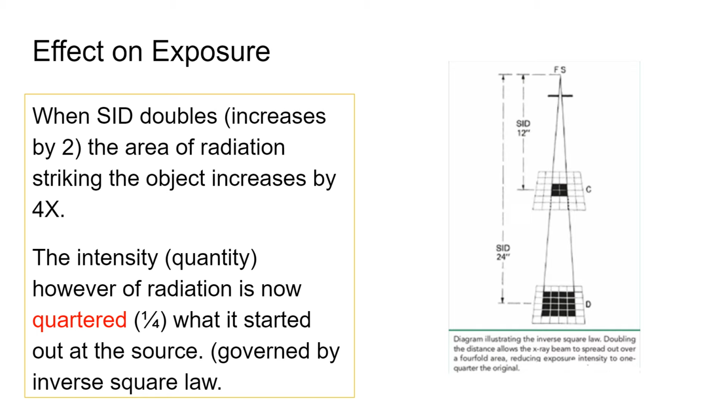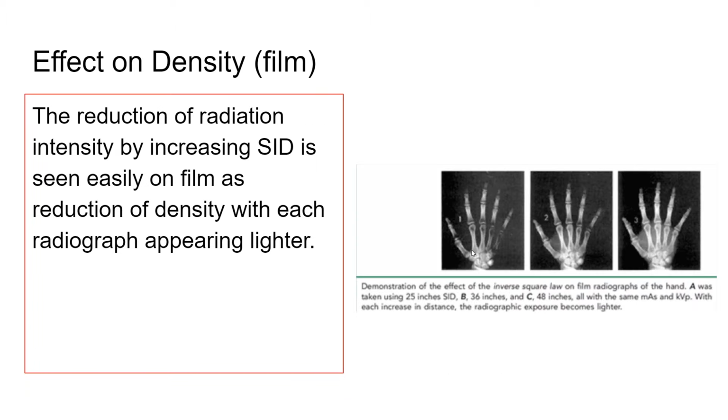But that's where the formula really comes into play. Also, the light field changes in the same way, right? Without changing the collimator, if you double your distance, the light field expands by 4 times.